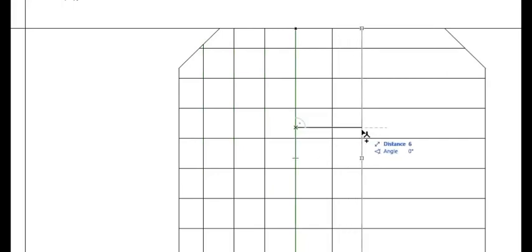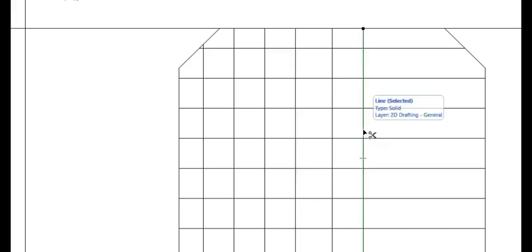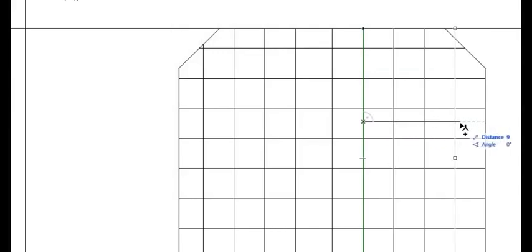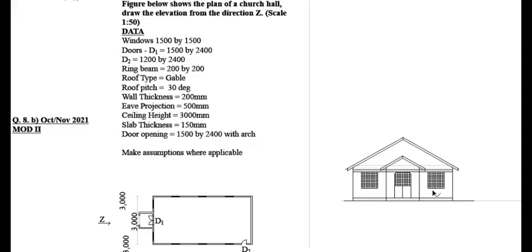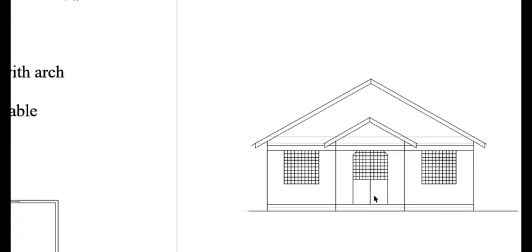Then with another one, this side. Then distribute them. Going to distribute that. Then trim the part or erase it like that. And this is the elevation that you want.